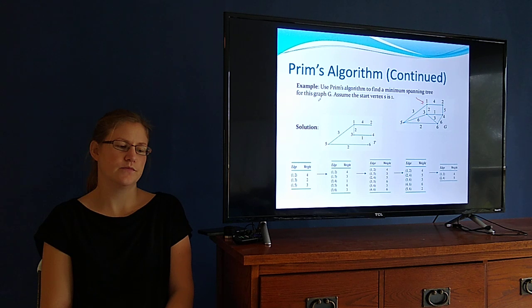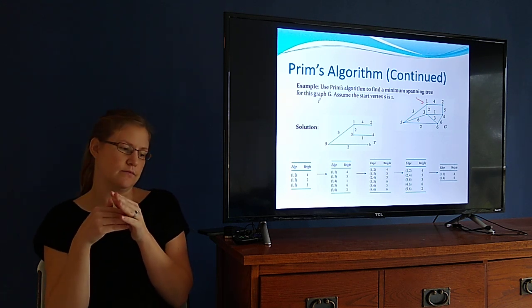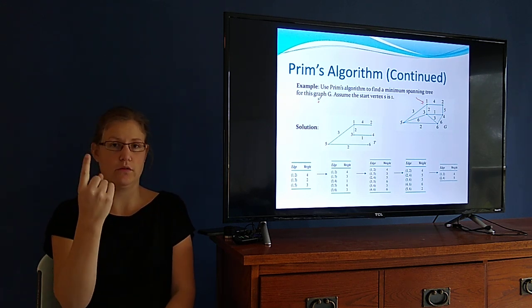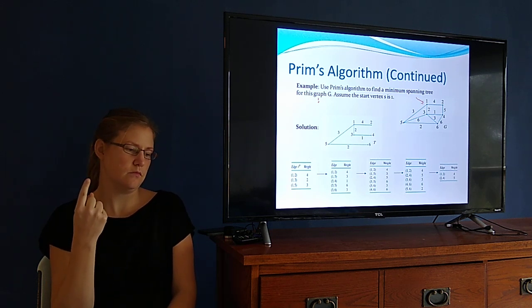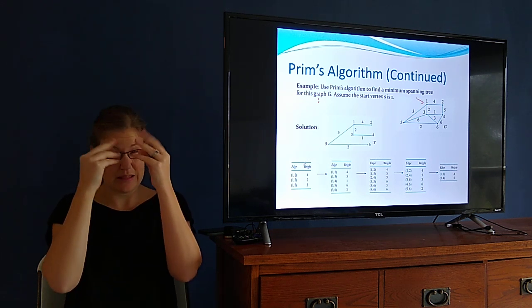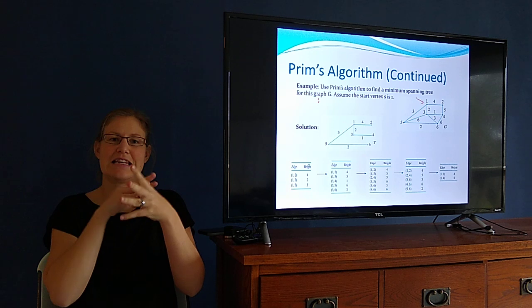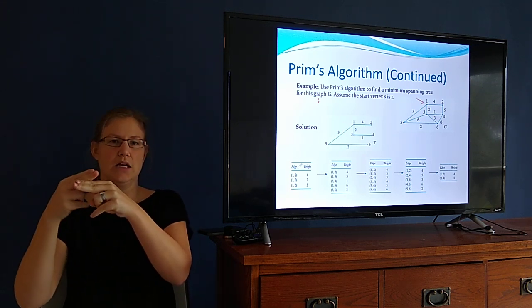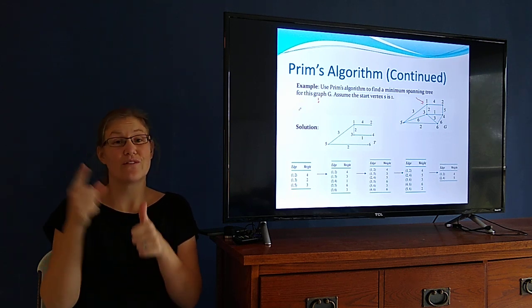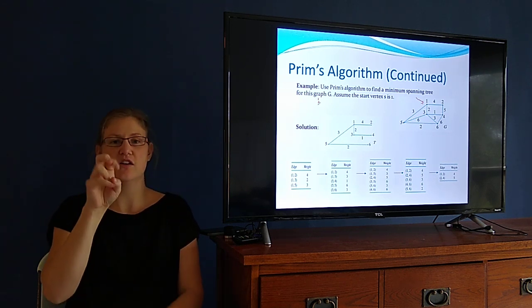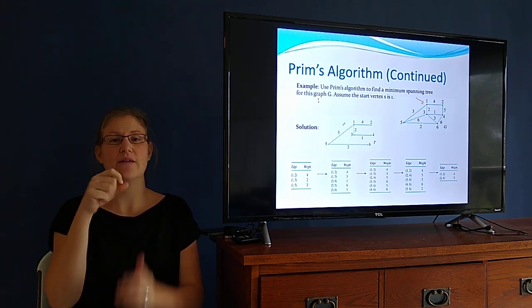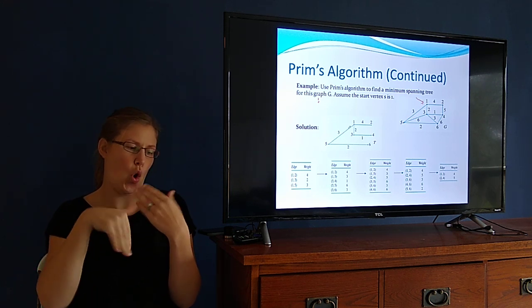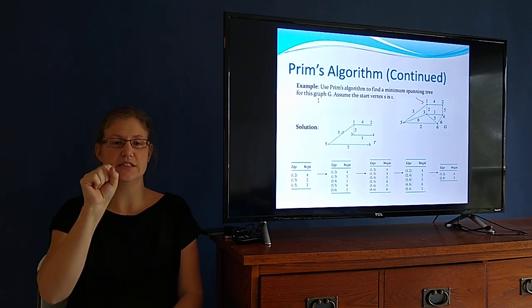Now we have only 1. You need to construct a table of two columns, edge and weight. We are at vertex 1, so you need to list all the edges that are incident to 1.